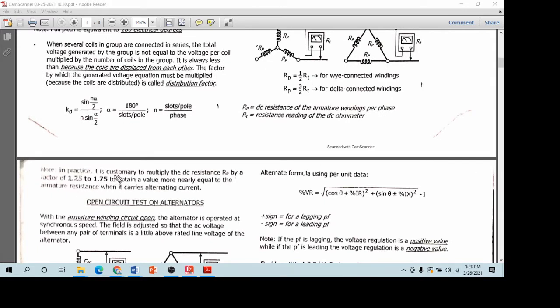In practice, it is customary to multiply the measured DC resistance by a factor of 1.25 to 1.75 to obtain a value more nearly equal to the armature resistance, which carries alternating current.